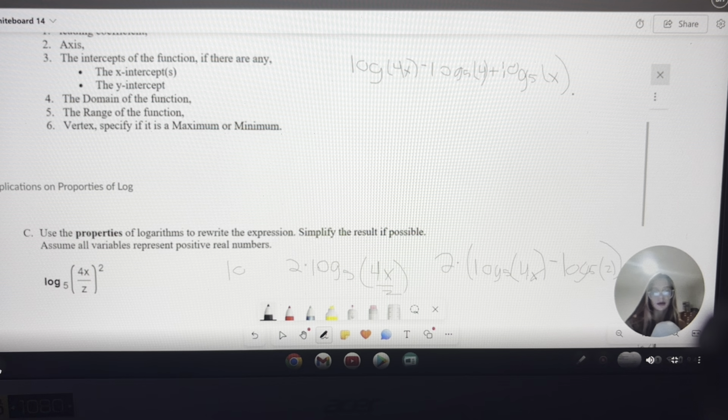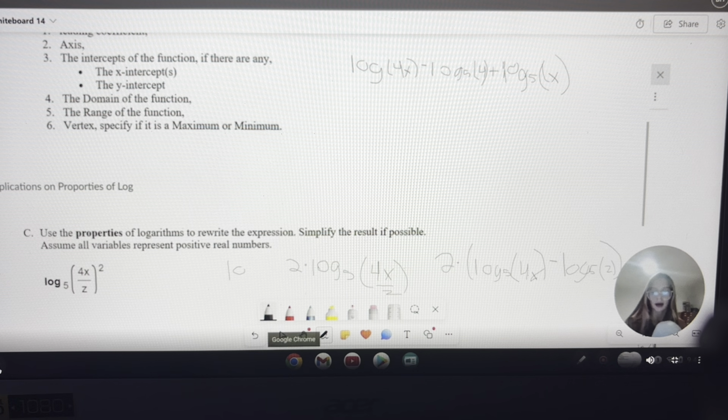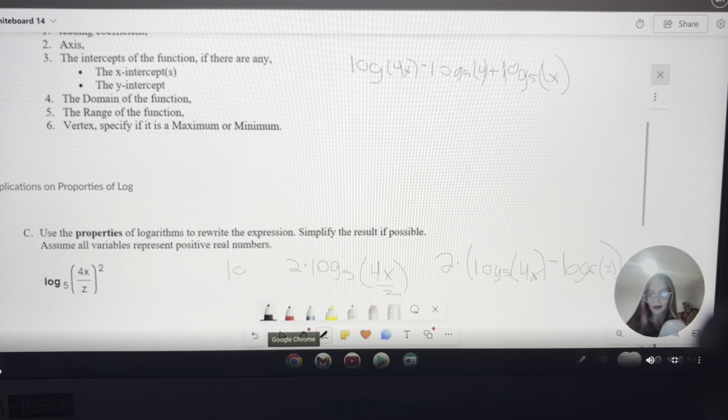I hope you can read that. And it says, yep, that is simplified, so there you go. That's how you solve all three of those problems. Thanks.